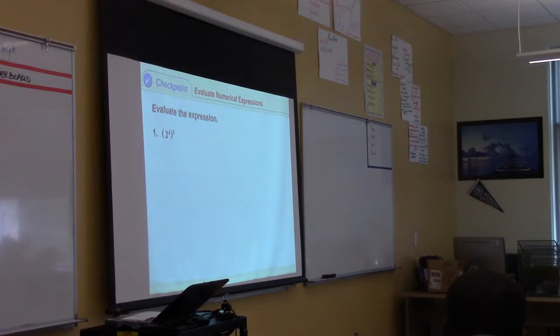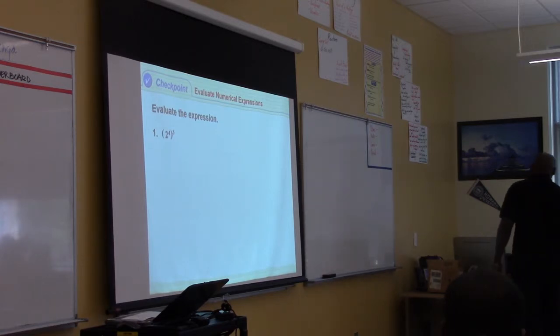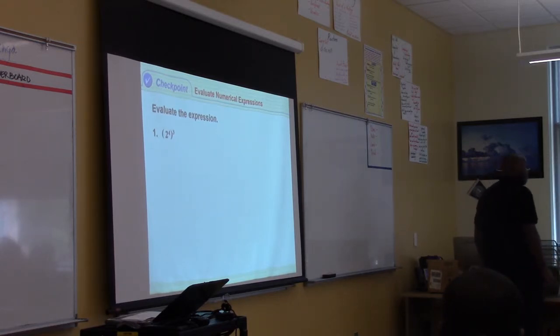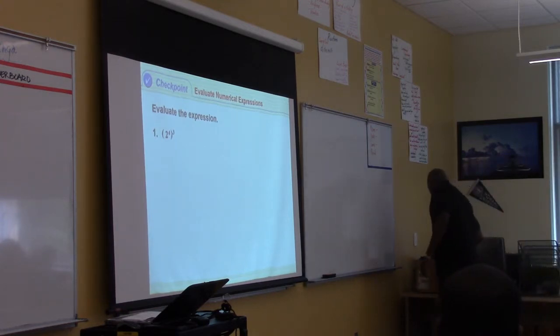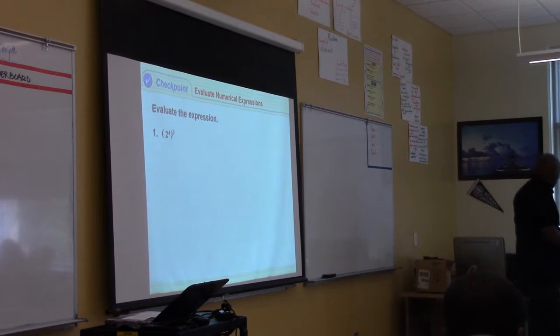Do I multiply? Yeah, you multiply 4 times 3, which is 12. Do I do 12 times? No, you go 2 to the 12th power, so you're multiplying 2 by itself 12 times.